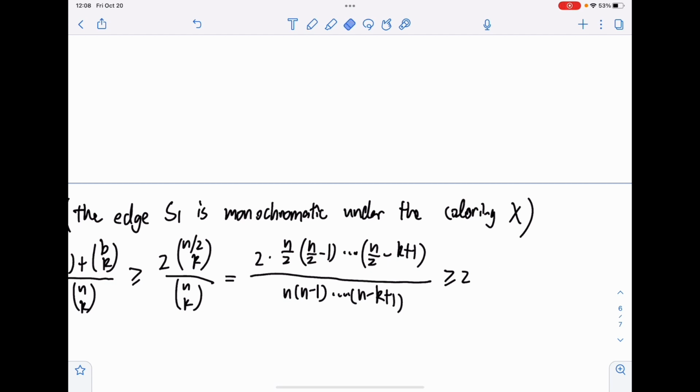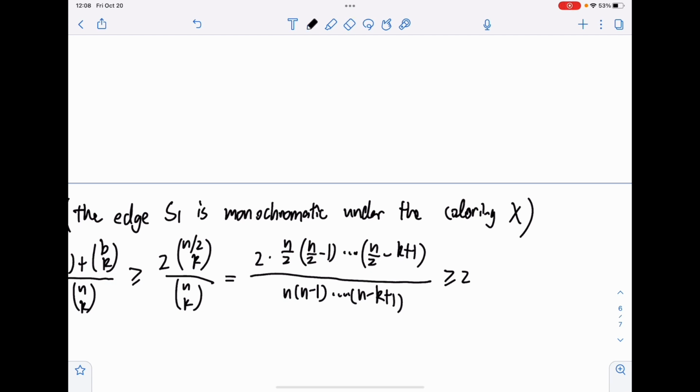And what we got here is 2 to the power of n times e to the power of negative c times 2 to the power of negative k times m, which is less than 1 for some m equal to big O of k squared 2 to the power of k.